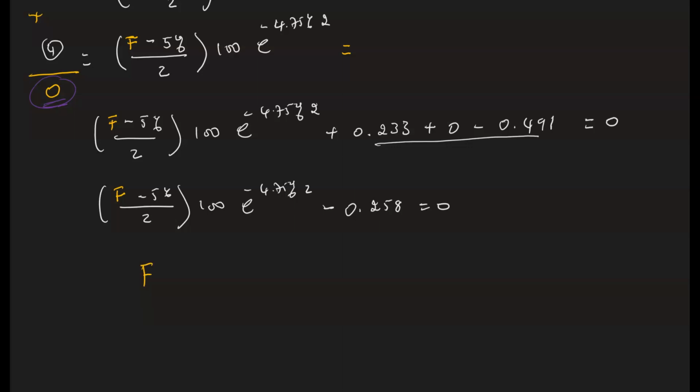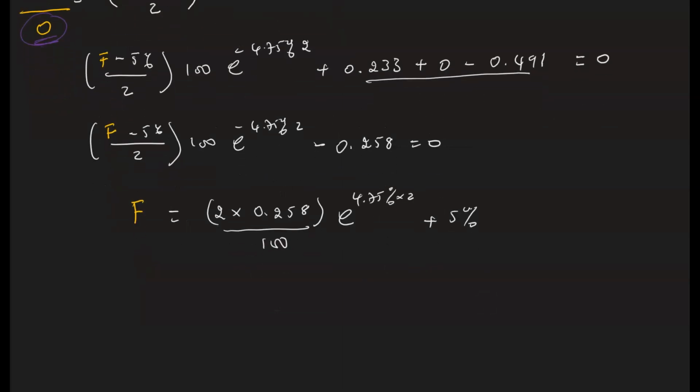Forward rate is going to be equal to 2 times our 0.258 divided by 100 multiplied by exponential of 4.75% times 2. We ignore the negative sign because we're multiplying, and to that we're going to add 5%.